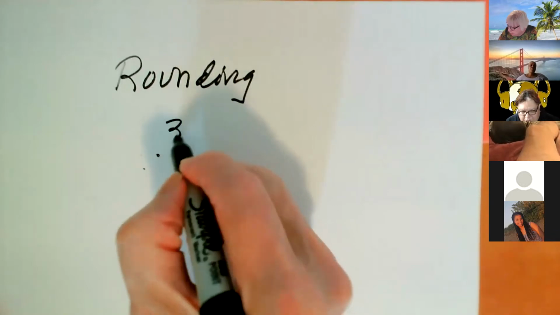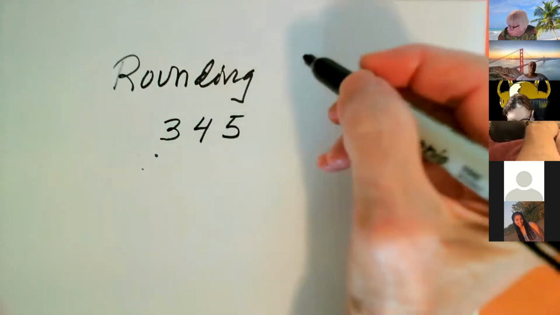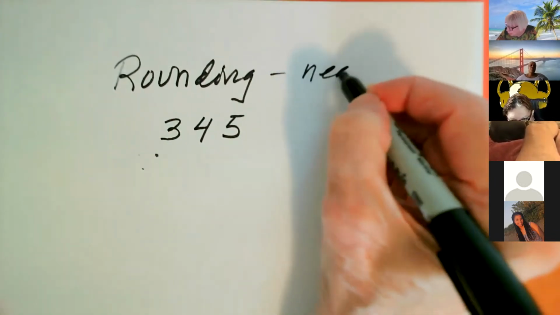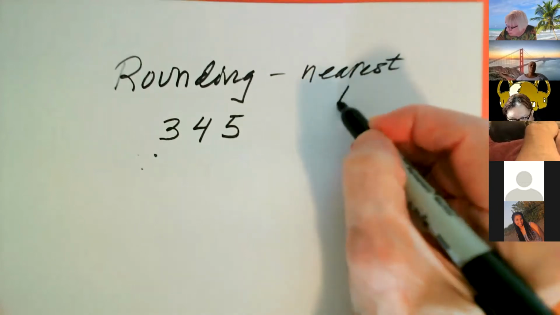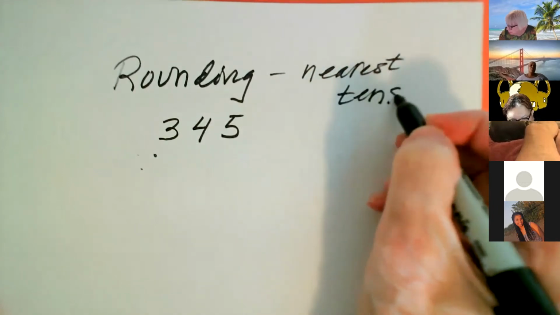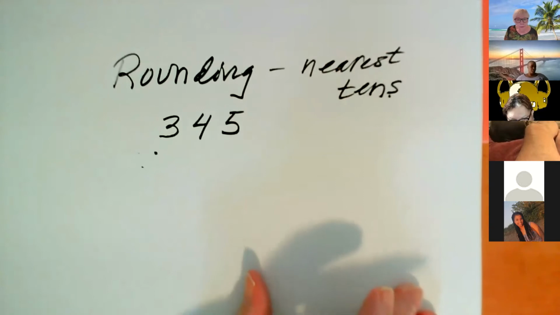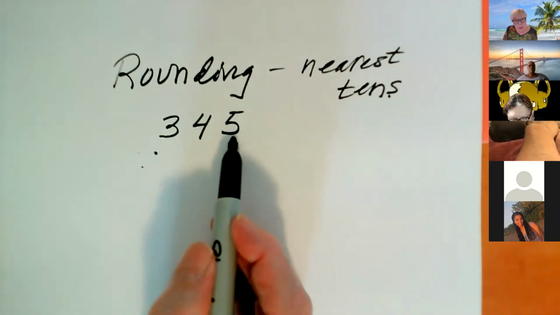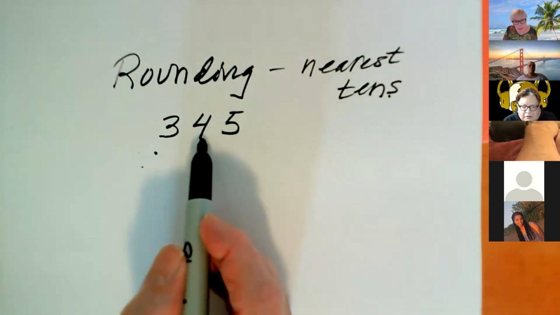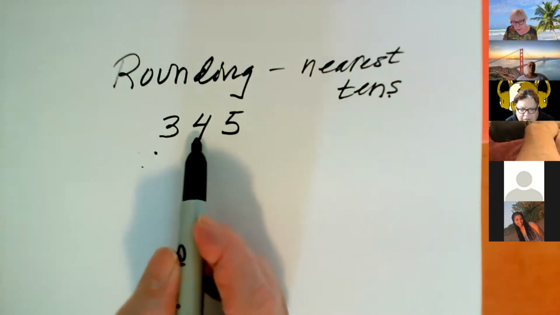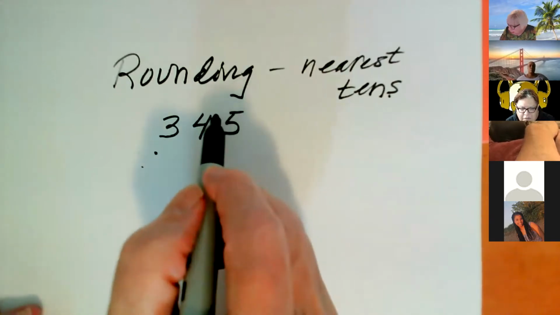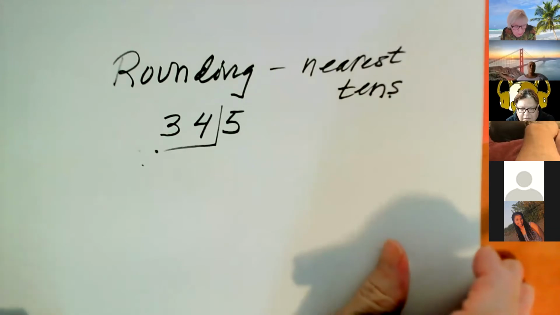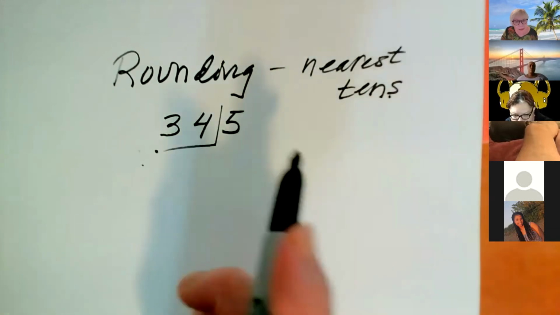And I'm going to do this one. Round to the nearest 10th, the tens. So this is the ones place and this is the tens place. So this is a critical one right here, the 4. I kind of do this. I make up stuff, by the way.